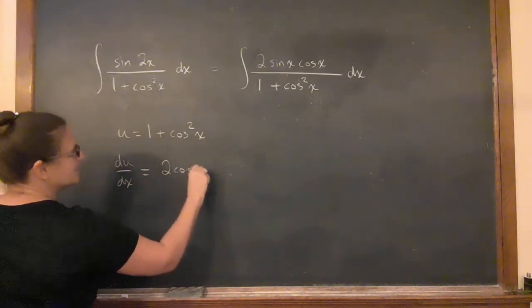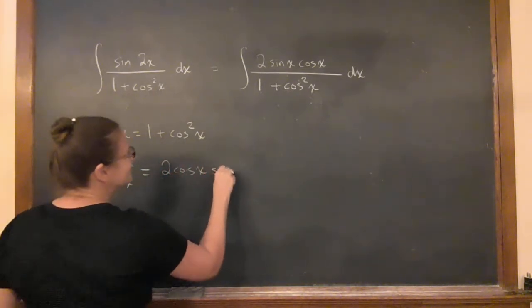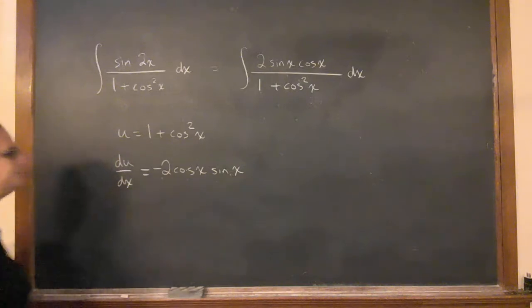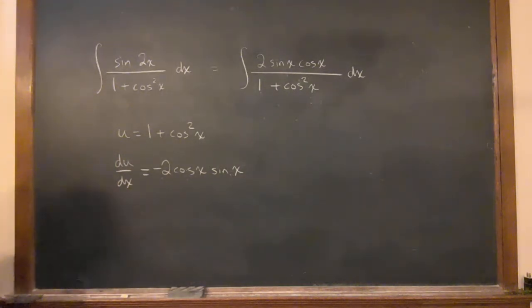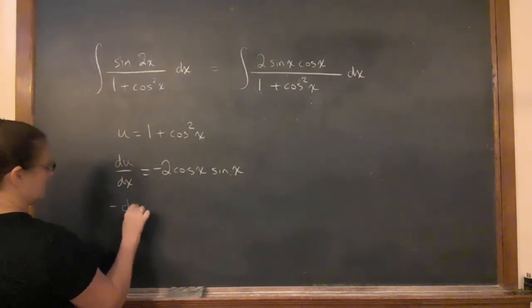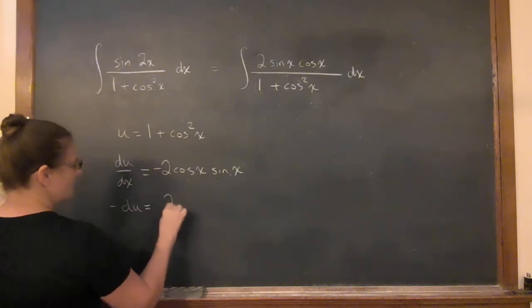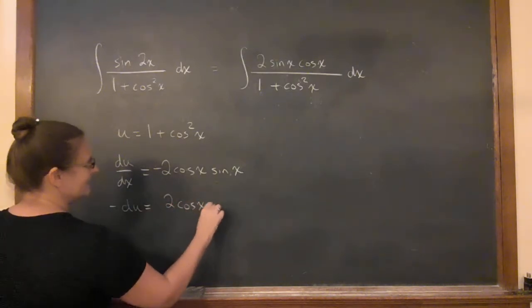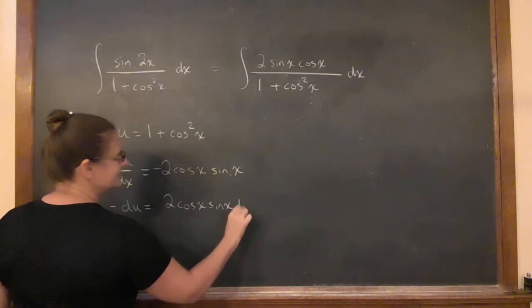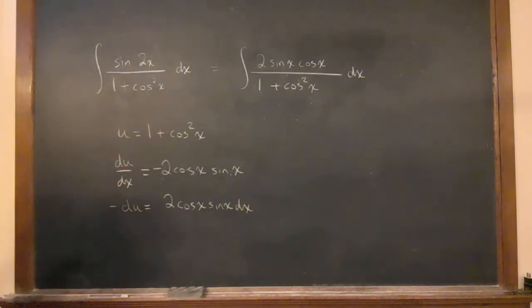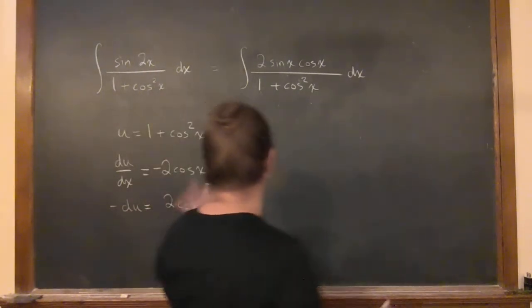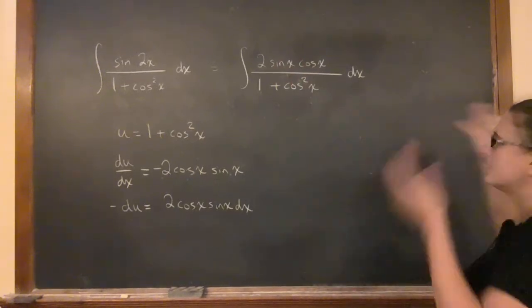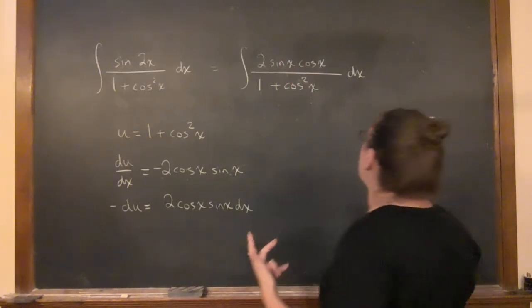2 cosine x, the derivative of cosine is negative sine, so I lied, I forgot a minus. These things happen. So, minus du is 2 cosine x sine x dx, and that's exactly what we have in the top, right? The cosine and sine are mixed because that's just how I remember my identity, but fine.